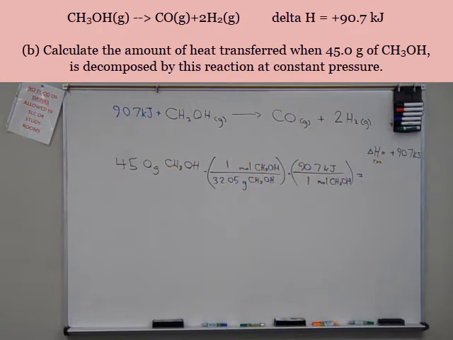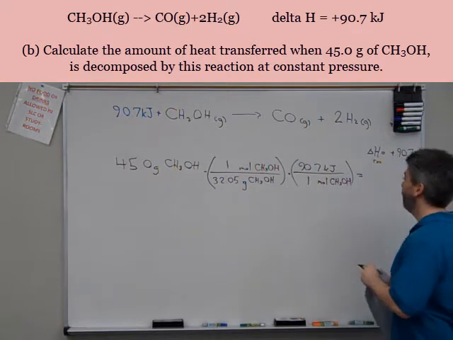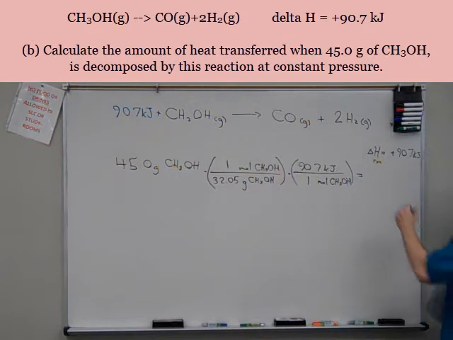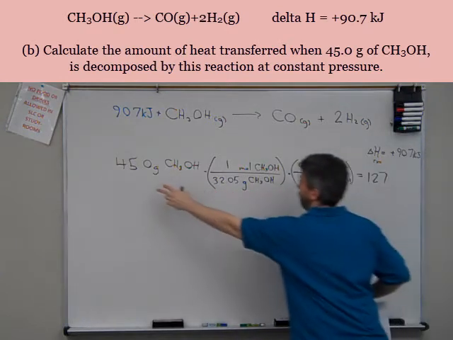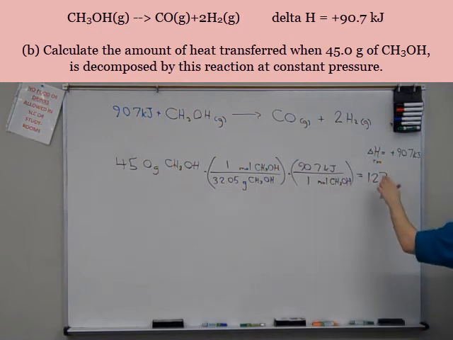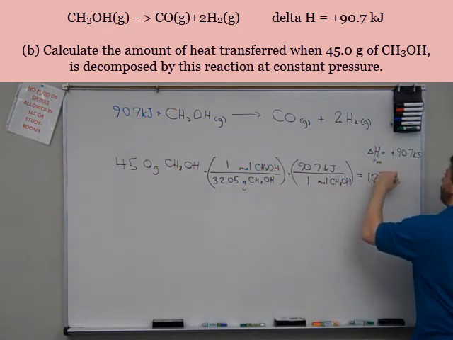And so then I can just multiply by the top and divide by the bottom. And if I do, what do I get? I got 127.34. That sounds good, 127. Now it's 3 sig figs here, so my answer is just going to have 127 kilojoules.